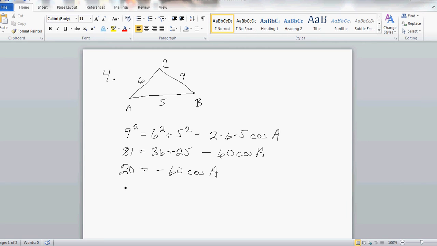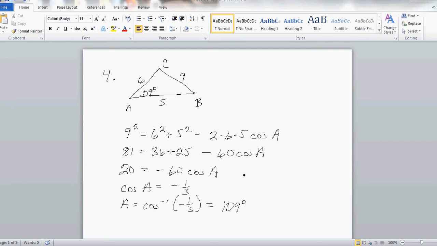Divide both sides by negative 60, so that the cosine of a equals negative 1/3, and therefore, taking the arc cosine of both sides, the arc cosine of negative 1/3 is equal to, and since this is an angle, we get to round to the nearest degree, 109 degrees. The calculator gives us 109 degrees.